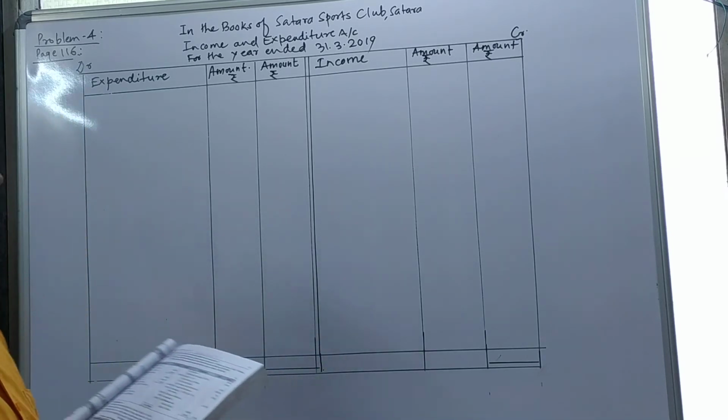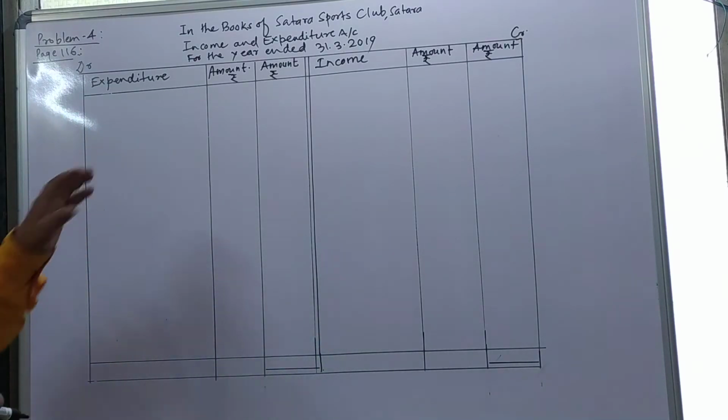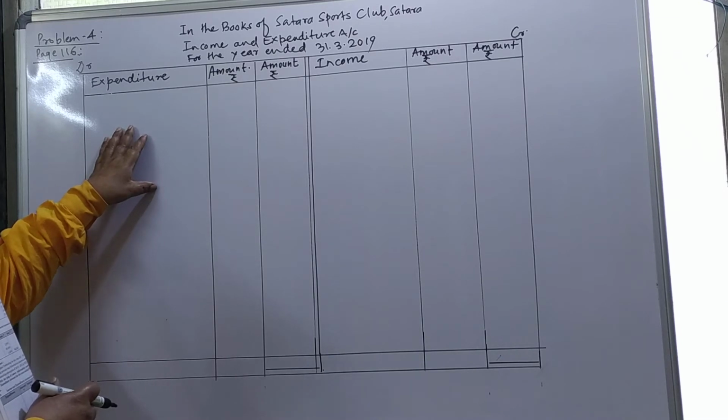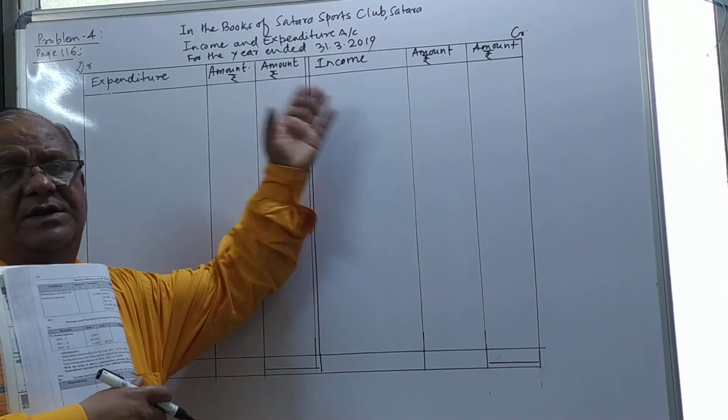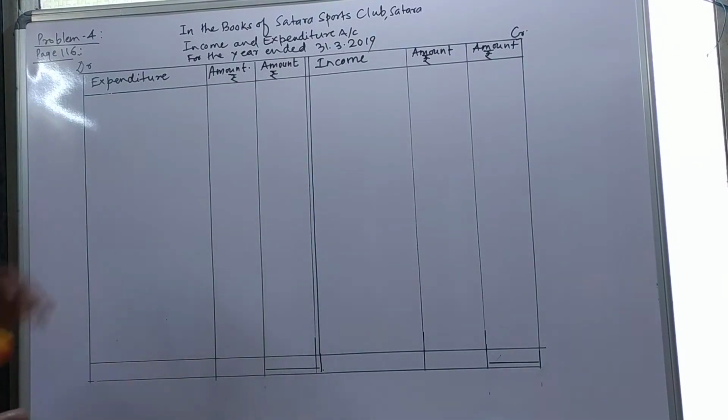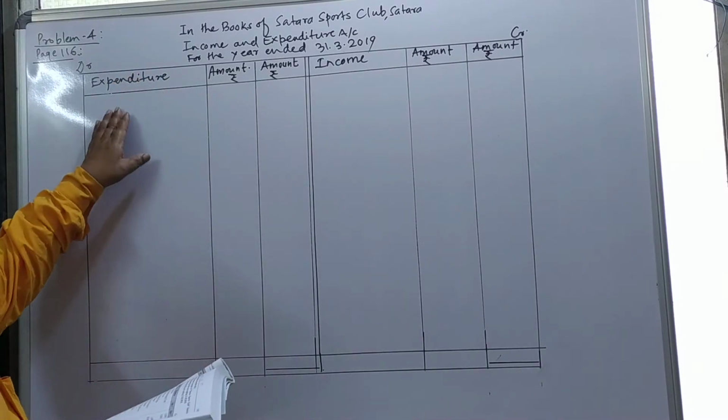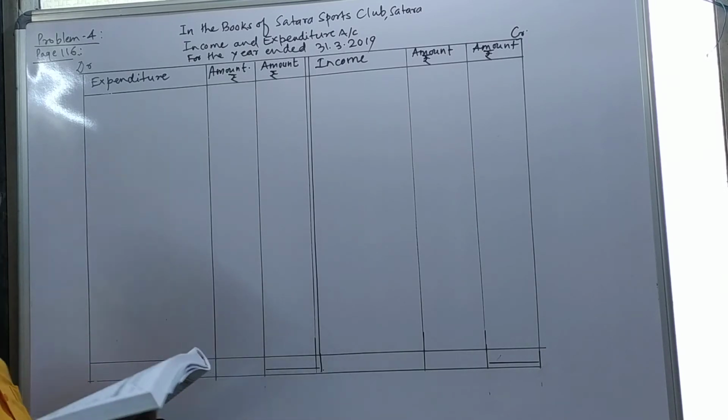In this format for the income and expenditure account, first we have to show the salaries, and on the income side, the subscription. Regarding salary, the payment side of the receipts and payment account can be compared and recorded on the expenditure side.